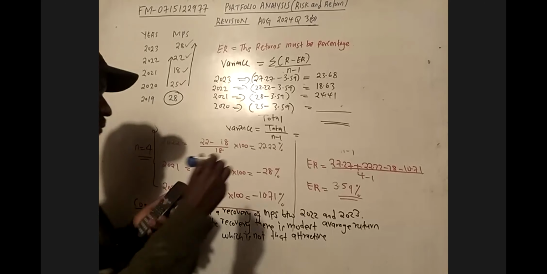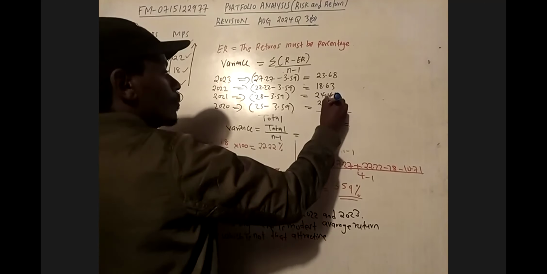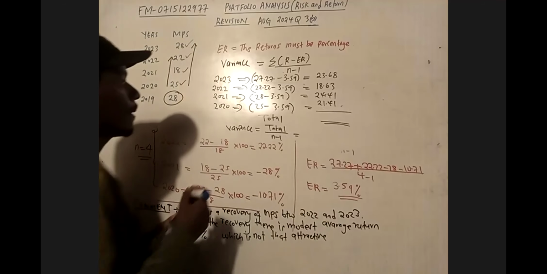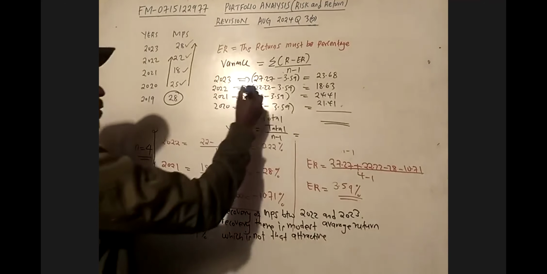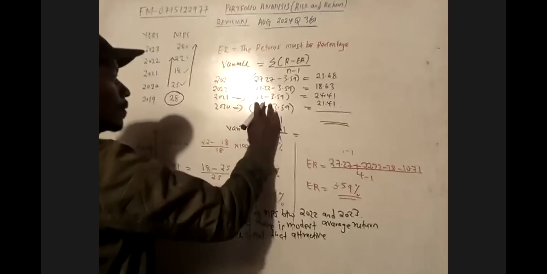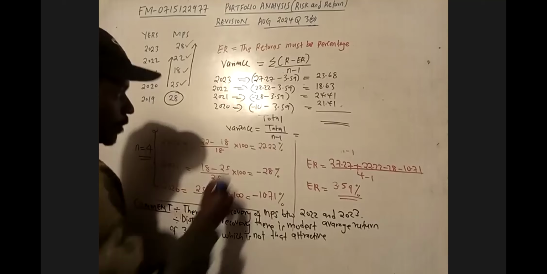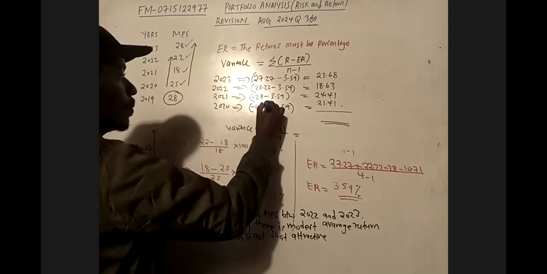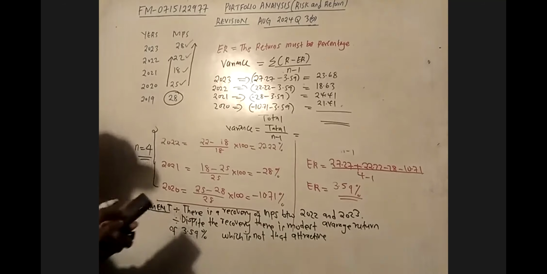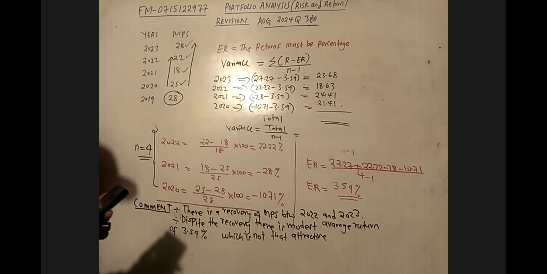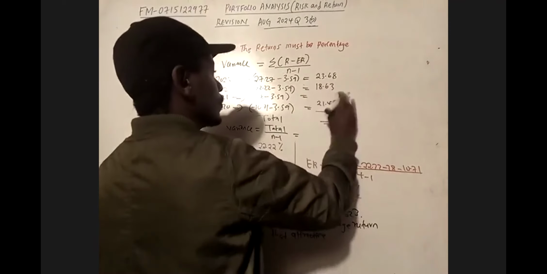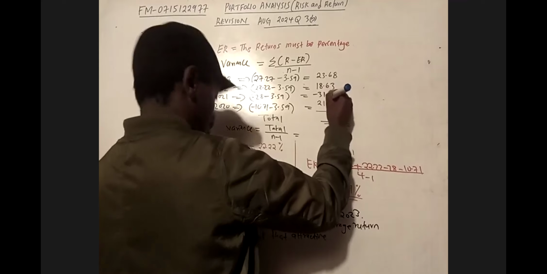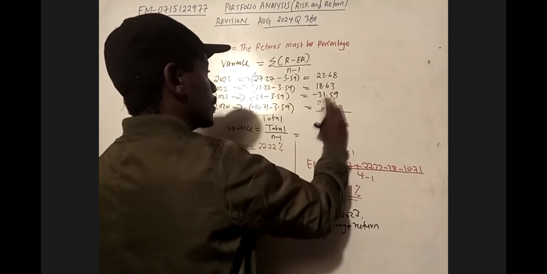Yes. Hiyo ya 2021 inafaa kuwa negative 28. Yeah, 2021. Oh, this one is negative 28. Alafu ingine negative 10.71. So this one is supposed to be minus 28 minus 3.59, which is minus 31.59.